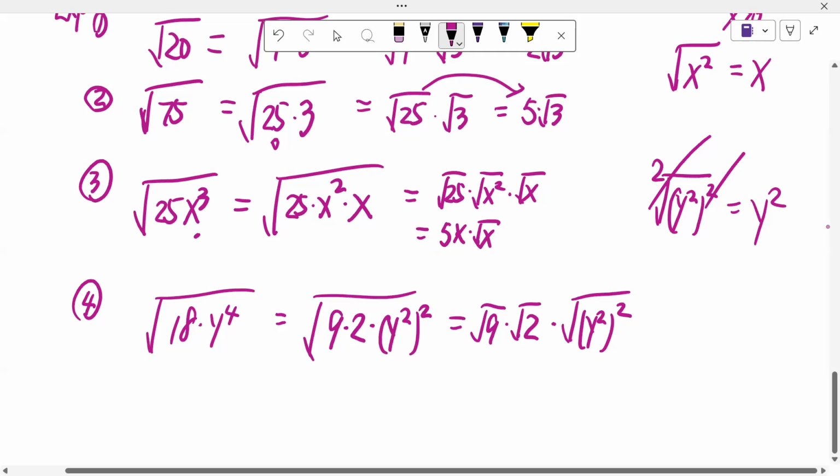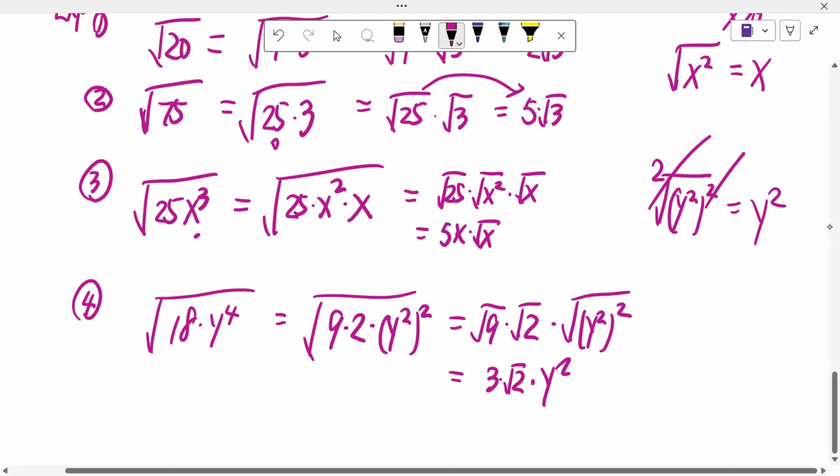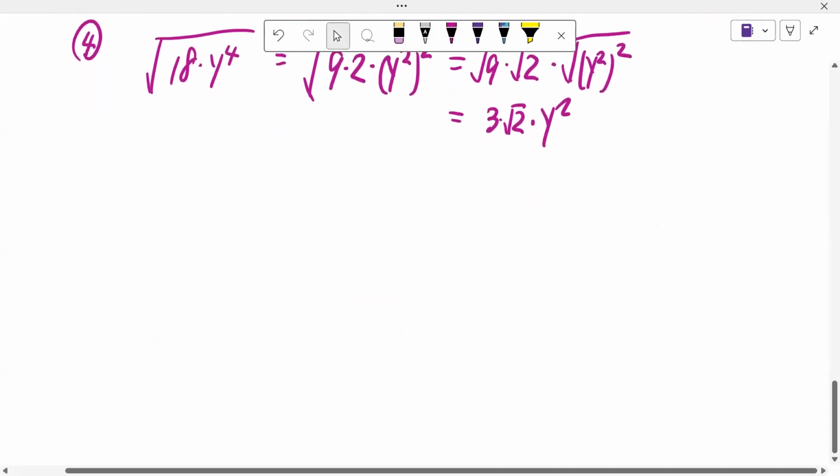So now we get the square root of 9 is 3, radical 2 times y squared. Any question about this? All right, next one.